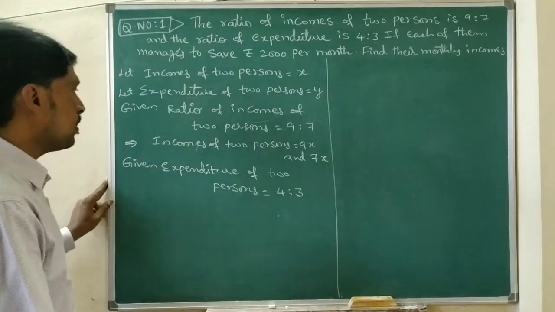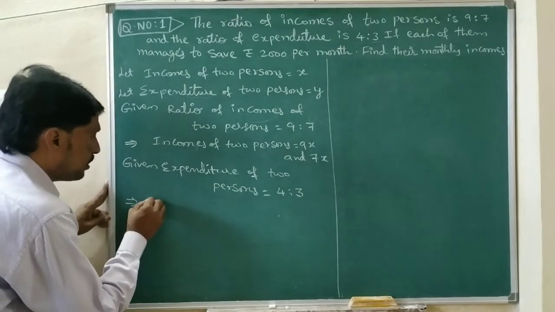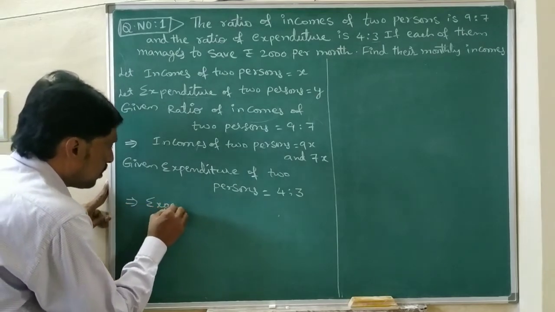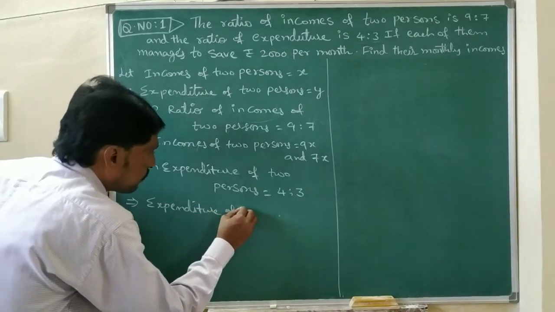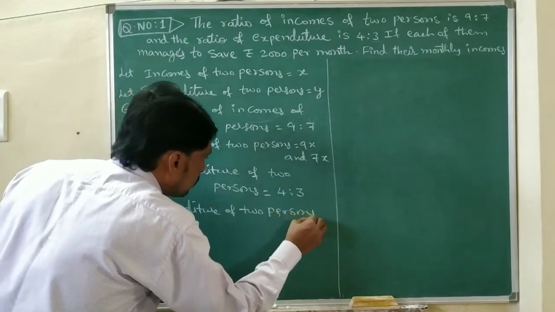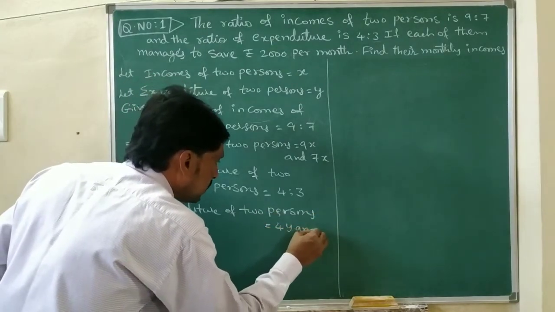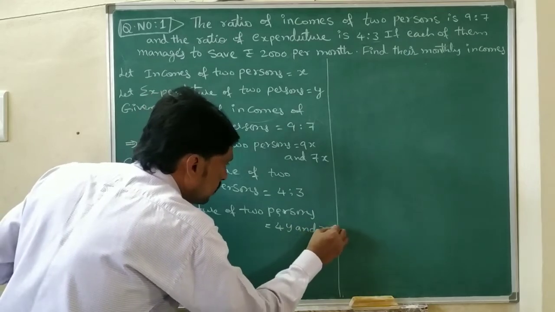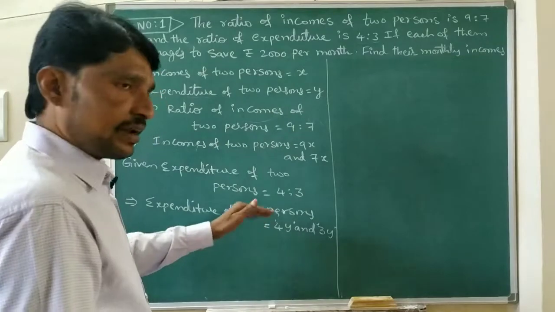Now you can write the expenditure of two persons equal, that is 4y and 3y. So here 4y and 3y we are getting.